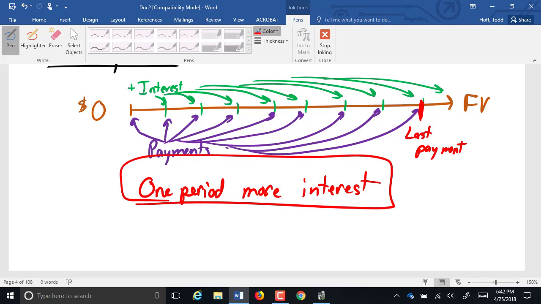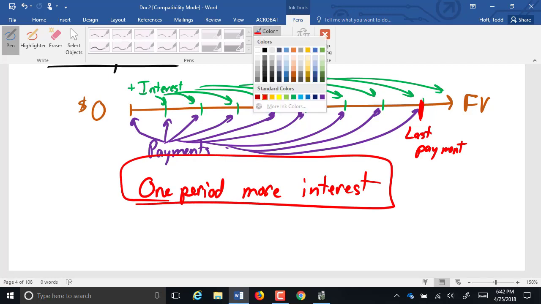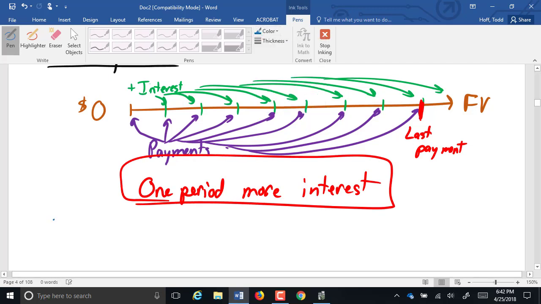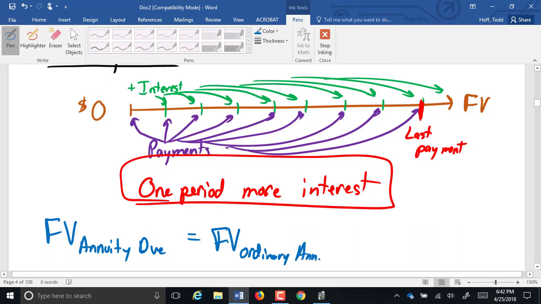And the way we calculate the future value of an annuity due is equal to the future value of an ordinary annuity times 1 period of compound interest.